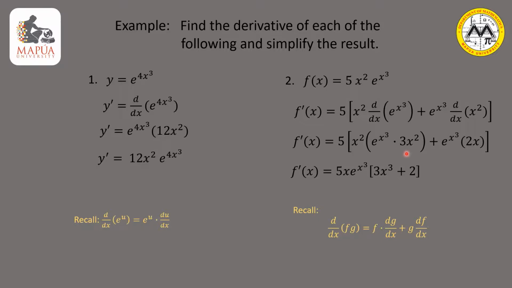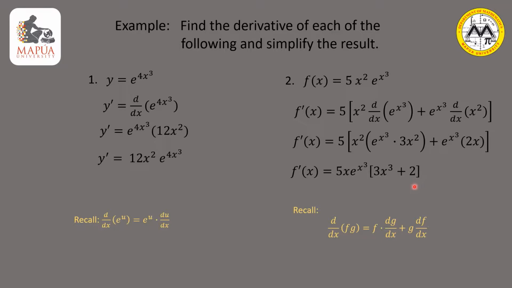So if these are factored out, grouping it with 5, then we have this expression equal to 5 times the common factor x e to the x cubed times what is left of this sum when we factored out x e to the x cubed, and that would be given by 3 times x squared, or we have 3x cubed plus, out of the second term we just have a 2.